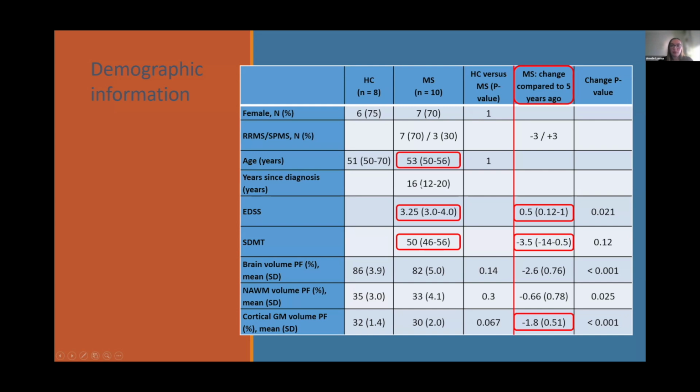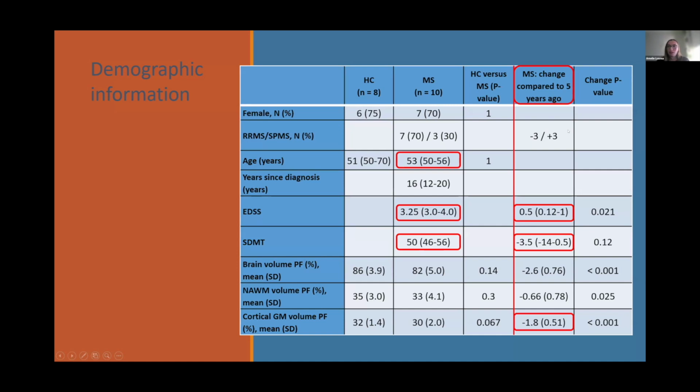You can also see that the average age of MS patients was about 53 years. EDSS was a little bit higher than 3, and the cognitive test SDMT was around 50. What you can see here in the lower part is that in terms of volumetric measures like brain volume and cortical gray matter volume, there were no differences between the two groups.